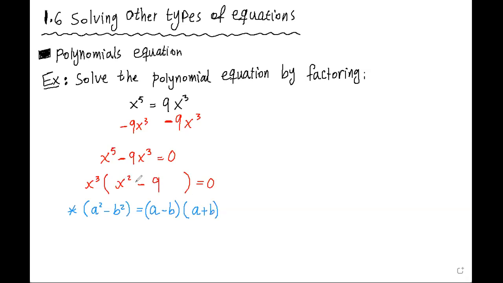So here x squared minus 9 is actually x squared minus 3 squared. Then we use this property, so we get x to the power 3 times x minus 3 times x plus 3 equals 0.